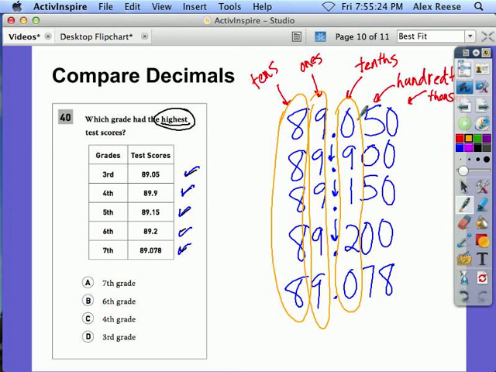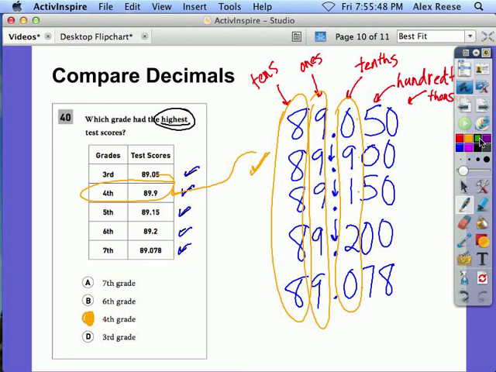I'm comparing 0 to 9 to 1 to 2 to 0. Of those numbers, the biggest one is 89 and 9/10, which was in the 4th grade. This means that 4th grade had the highest test scores overall. Answer choice C.